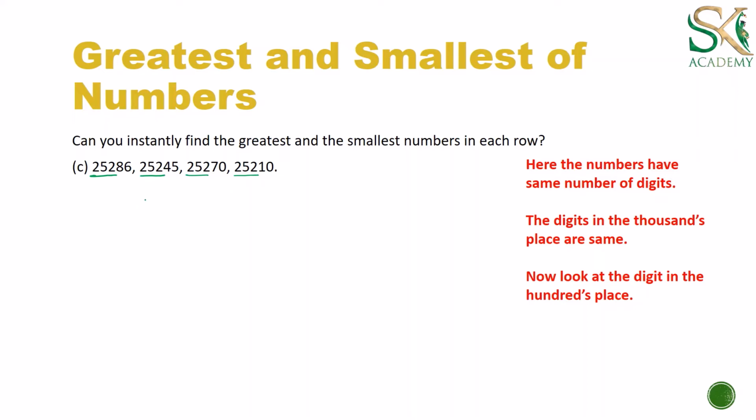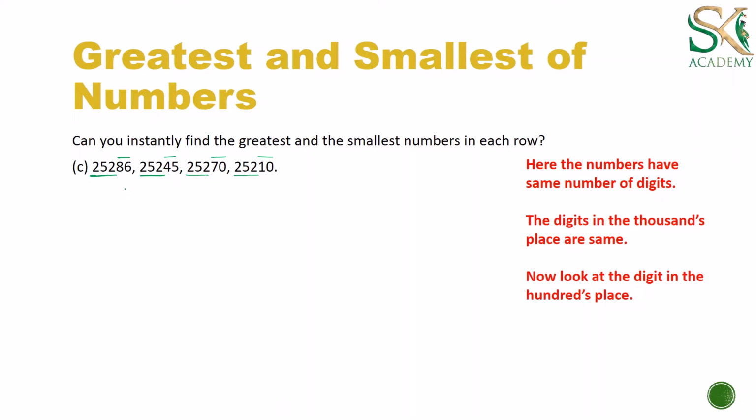To understand the smallest or the greatest number, you have to check the last two digits. Either you consider the last two digits or you can consider the next digit after the common number.